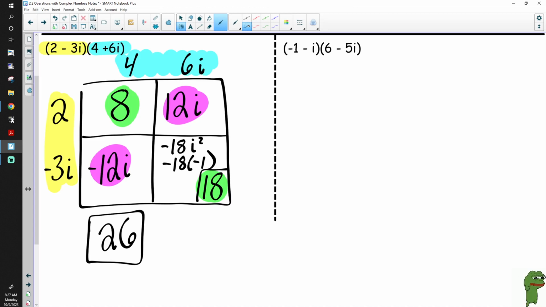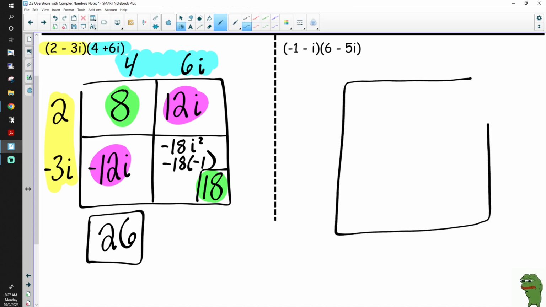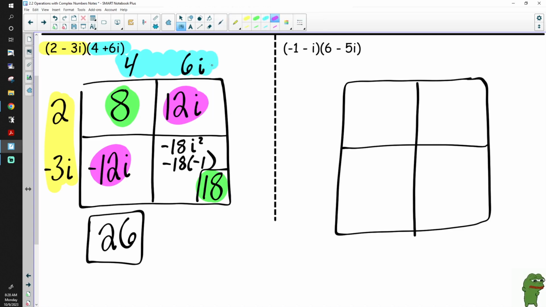Okay, let's do another. Draw your box. 2 by 2. For the sake of showing you that it doesn't matter, this time, like I said before, it does not matter which side you put them on. Instead of putting it on the left this time, I'm going to put it on the top. So negative 1 and negative i.